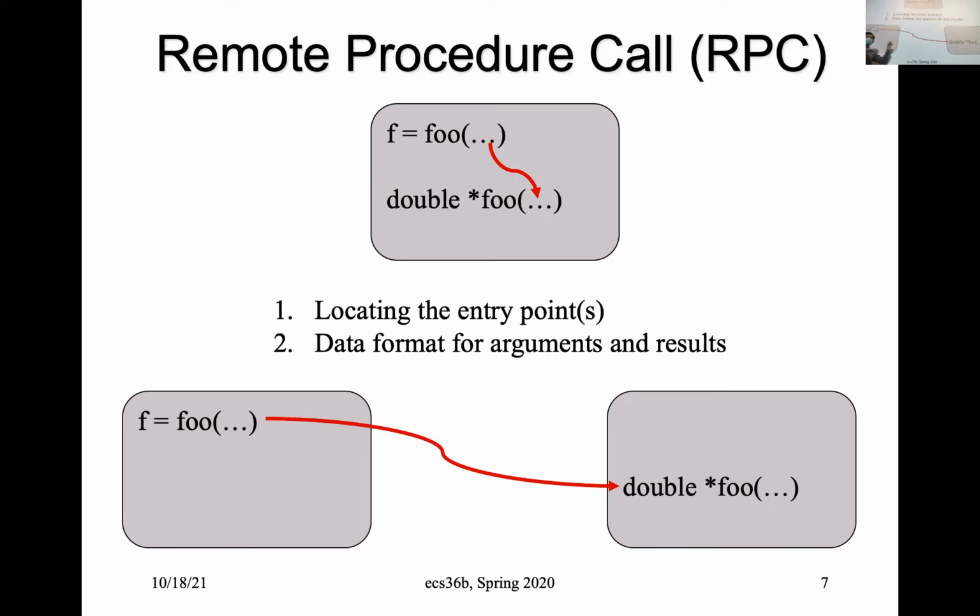This is a server, and this is a client. When the client issues a call, that call will be transferred to the other program, and the other program will direct that to this piece of function. When you make the call, it recognizes that this is remote, not local.